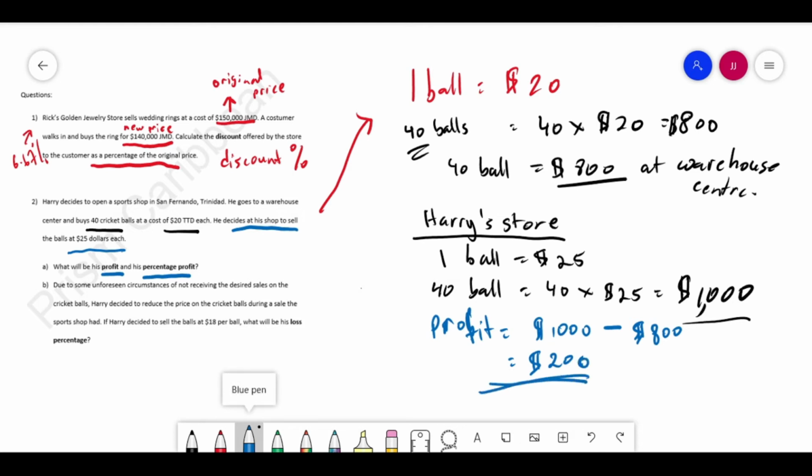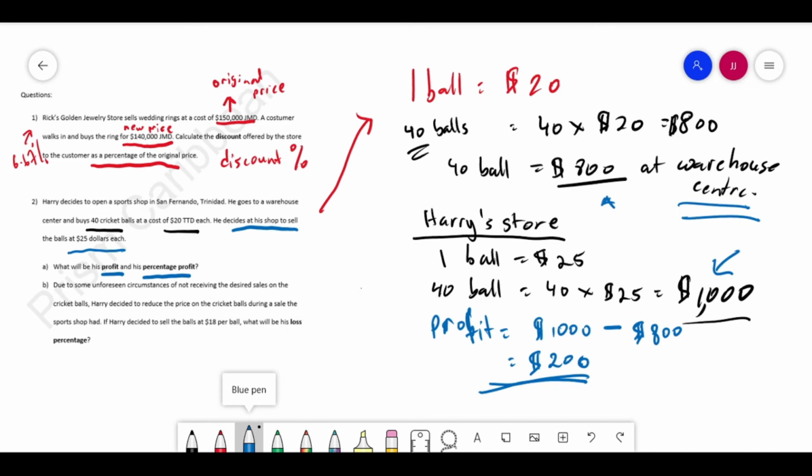$200 profit. What this means simply is that he bought a set of balls in the warehouse center for $800, and then he sells them for $1,000. Picture this, you buy a set of balls to make it easier for $800, and then you decide to go to your friend and sell that same set of balls for $1,000.